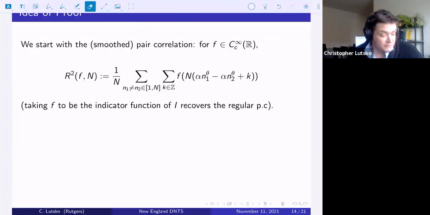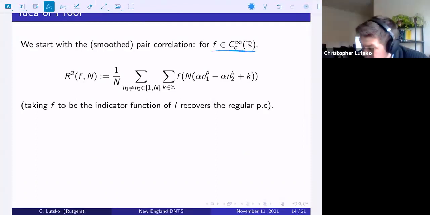Okay, so what is a brief sketch of the proof? Well, I'm going to look at the smoothed pair correlation, which says I take my difference of terms, alpha n1 to the theta minus alpha n2 to the theta, I periodize it with a k, I shrink it, I expand it with an N, and then I evaluate some function f on that term.